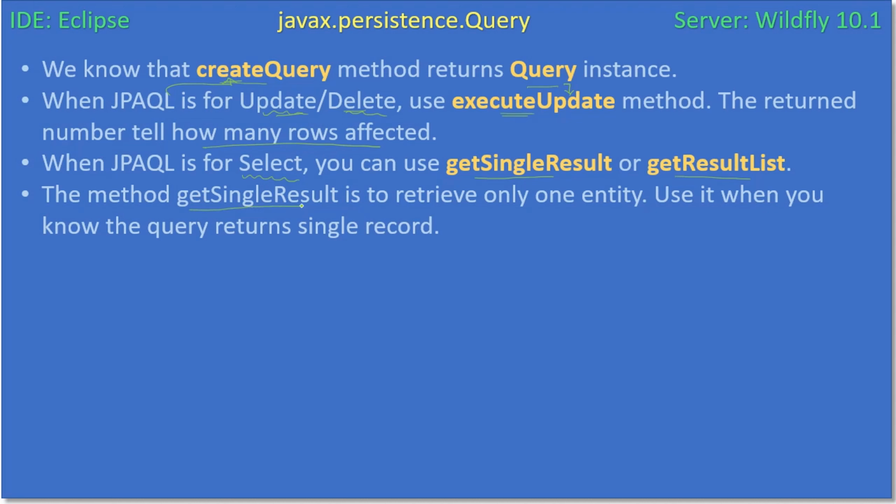getSingleResult is to retrieve only one entity. So when we are writing the JPA-QL, at that time itself we know whether the query will return single or multiple. Say for example, if we write a JPA-QL based on a key field, we definitely know it will return a single record. And it may not be a key field, I mean the query involving a key.